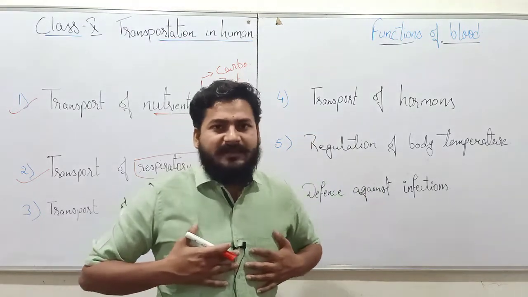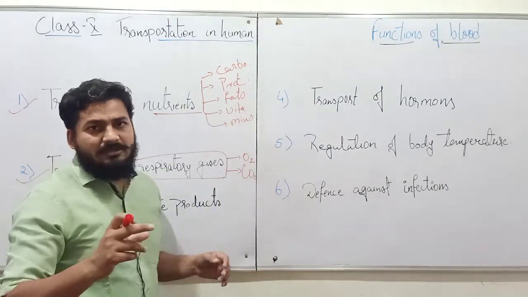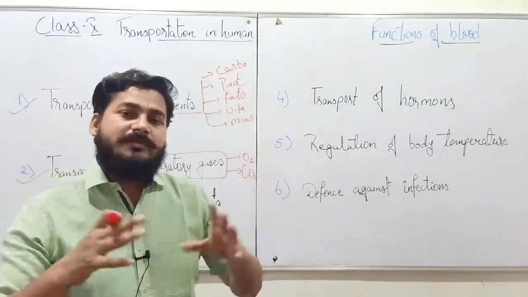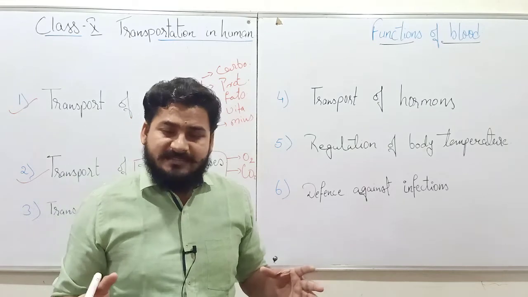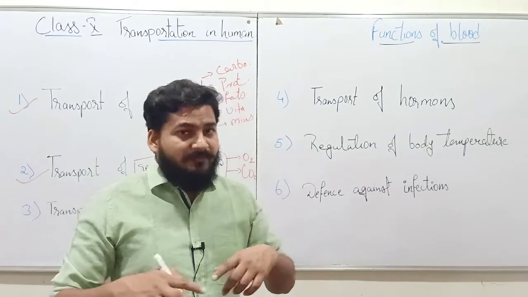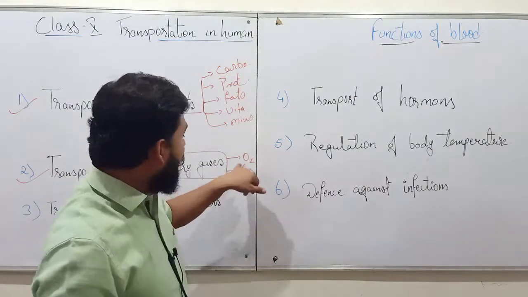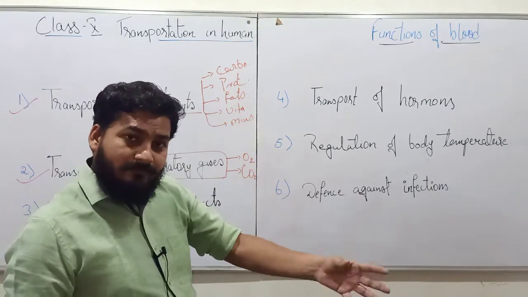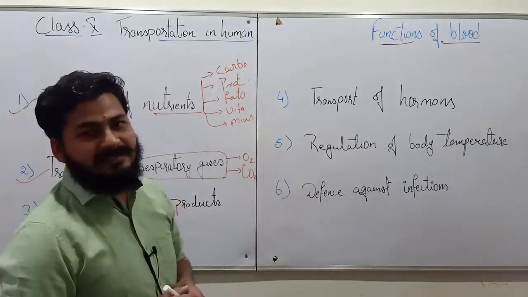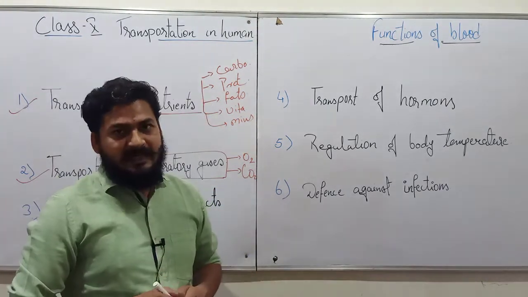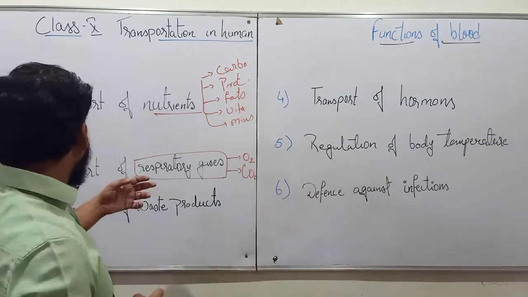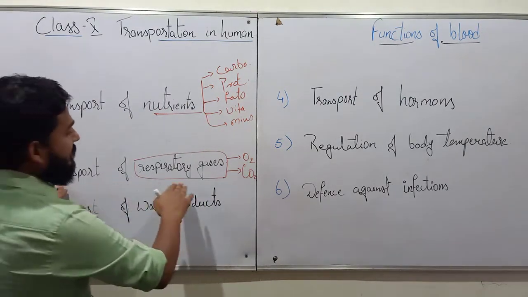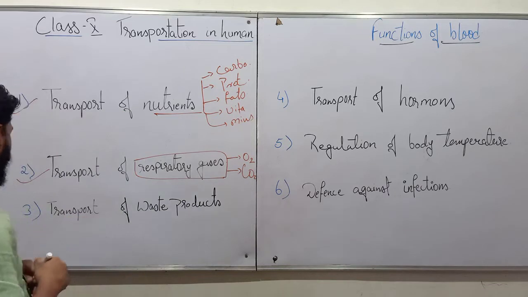But the hidden factor is that in lungs also there is presence of an enormous amount of blood, and that blood will carry the oxygen to the cells and will bring back carbon dioxide from the cells, and in this way the blood is going to transport the respiratory gases.